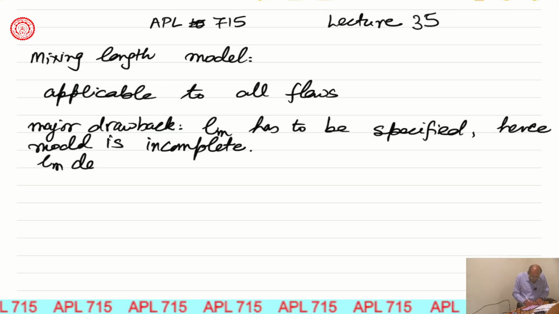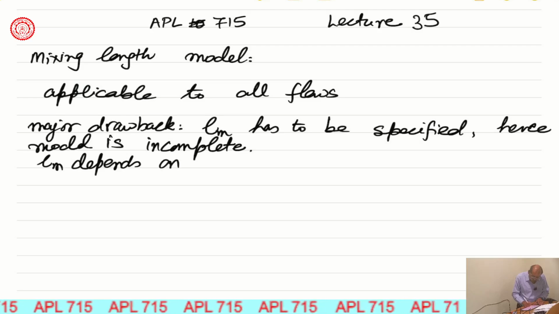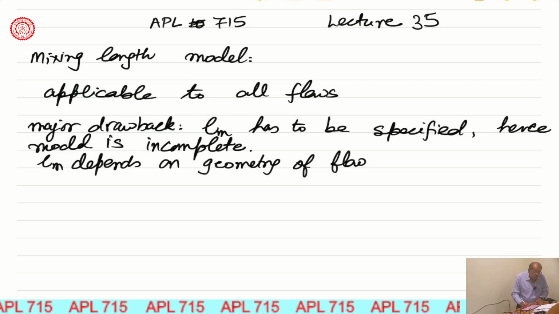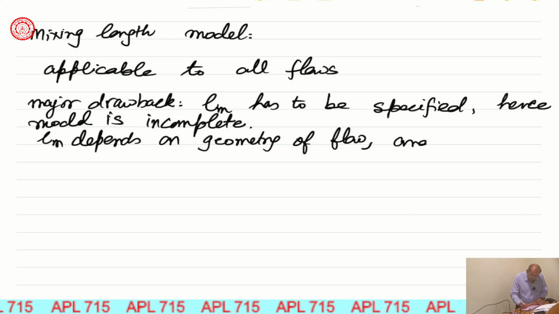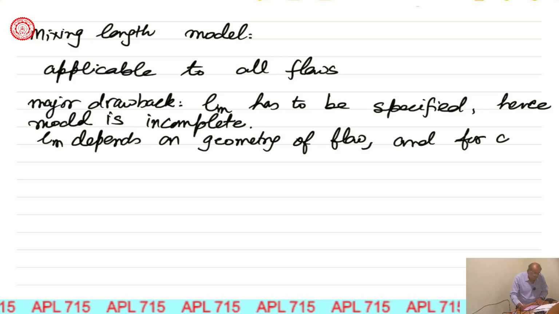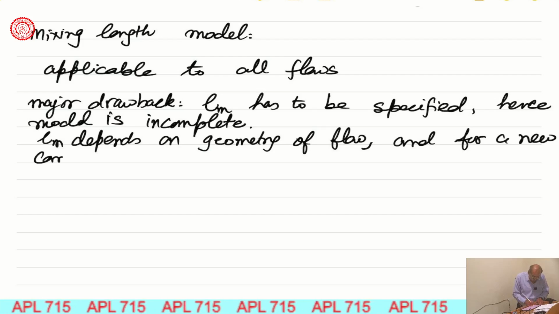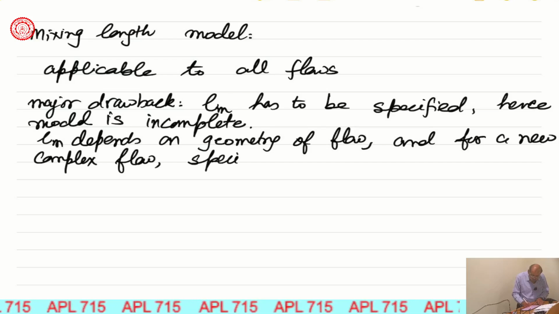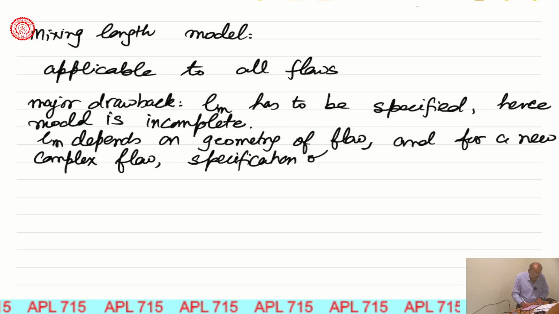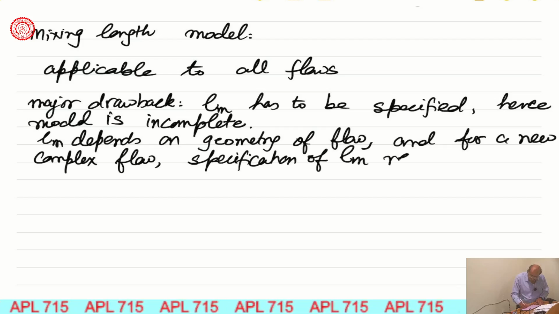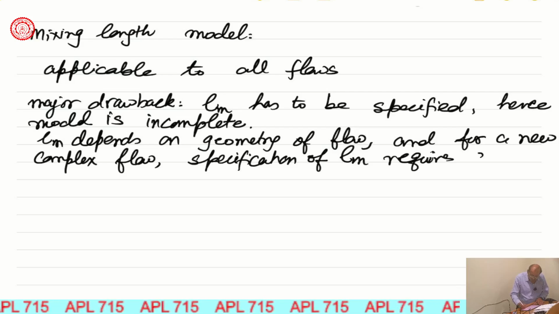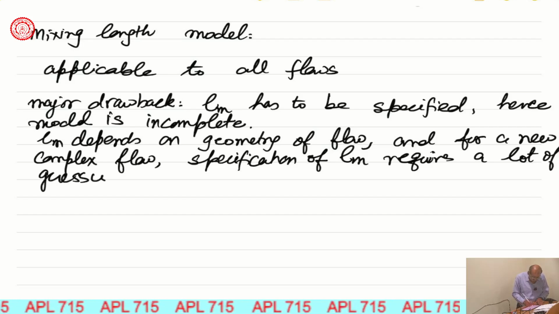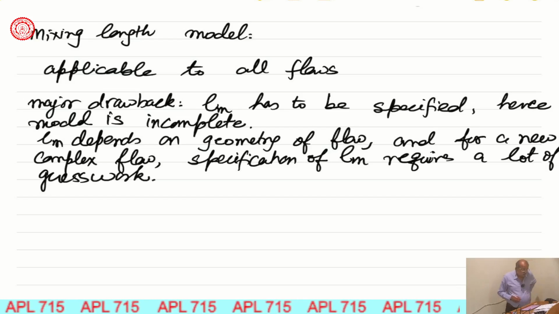Lm depends on the geometry of a flow, and hence for a new complex flow, specification of Lm requires a lot of guesswork.